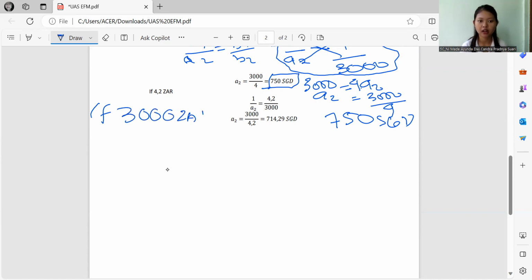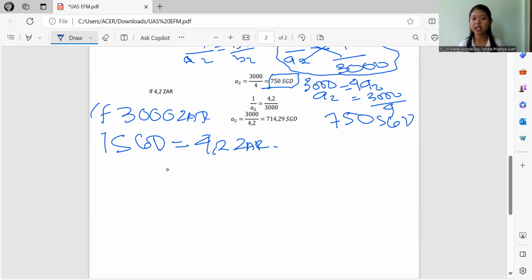But in this one, I will change ZAR to Singapore dollars, and the exchange rate is 1 SGD equal to 4.2 ZAR. So how much money do I get?